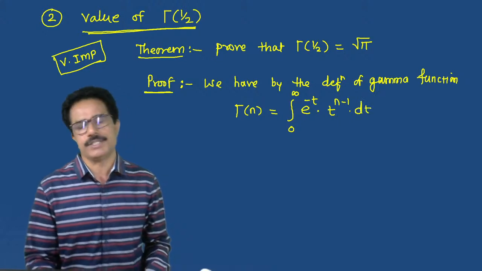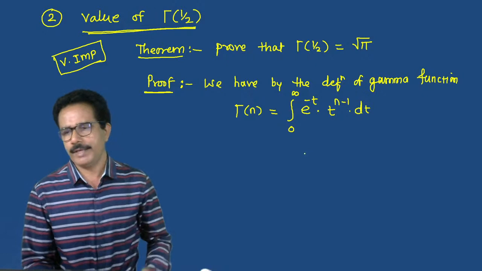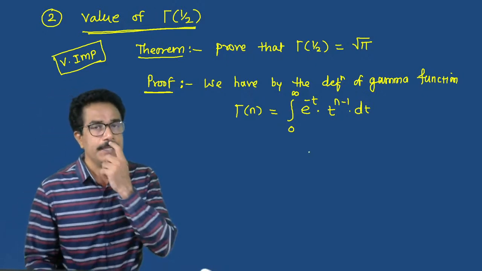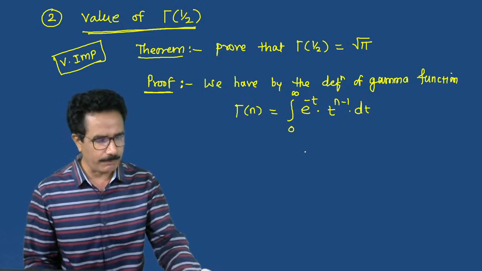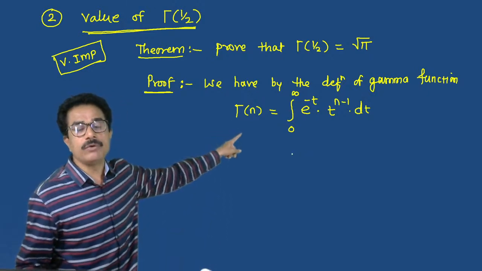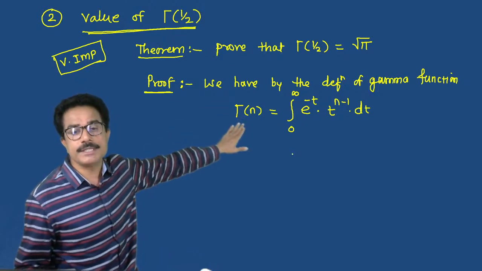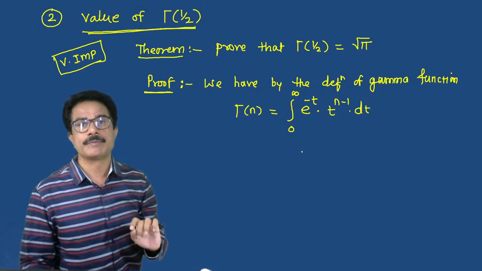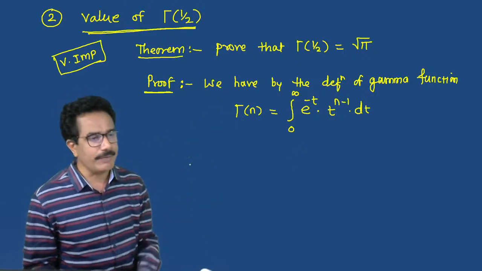Now we have to convert this by using a proper substitution. Actually, we have to find out the value of gamma 1 by 2, because this is the formula for gamma n, but we need gamma 1 by 2.